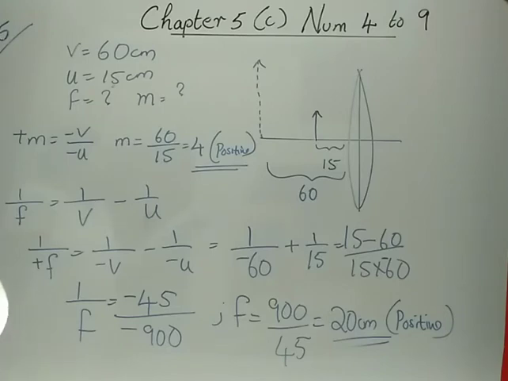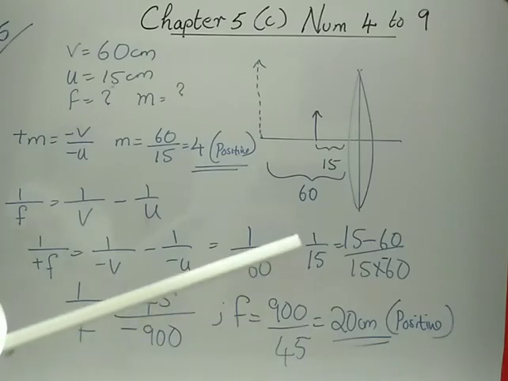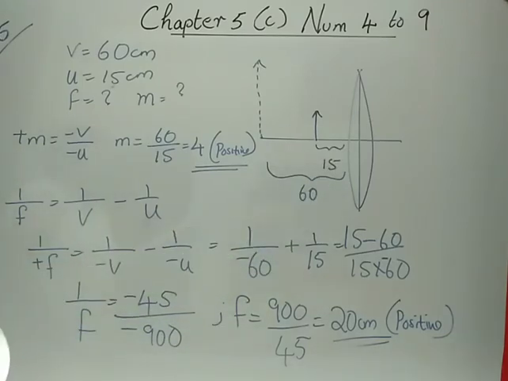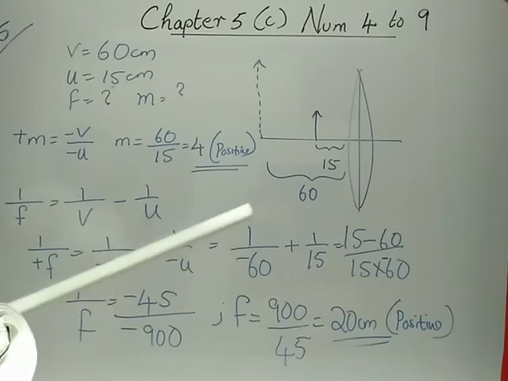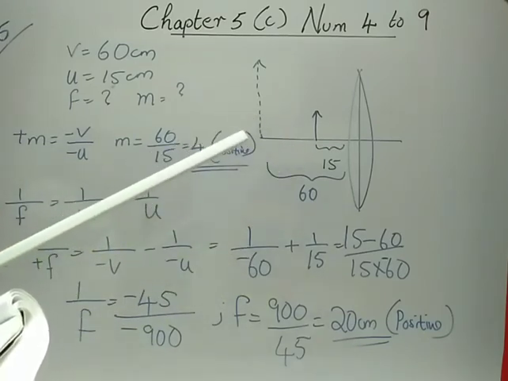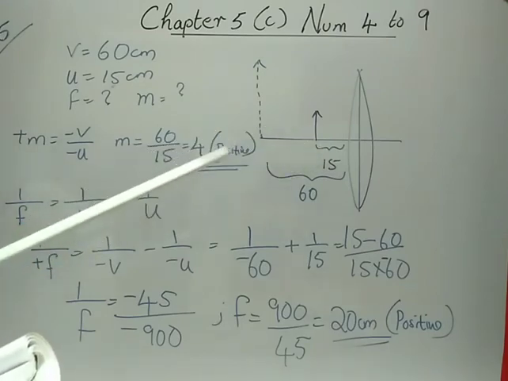Then only the question will be clear. The lens forms an image of an object placed at a distance 15 centimeter. Again read from the beginning: the lens forms an image at a distance 60 centimeter in front of it.